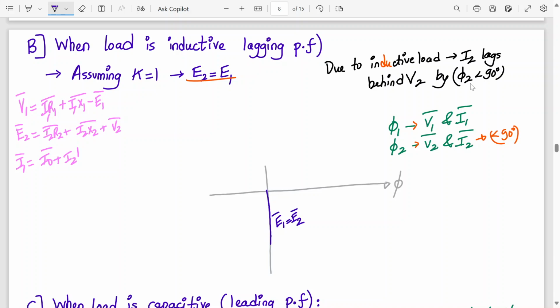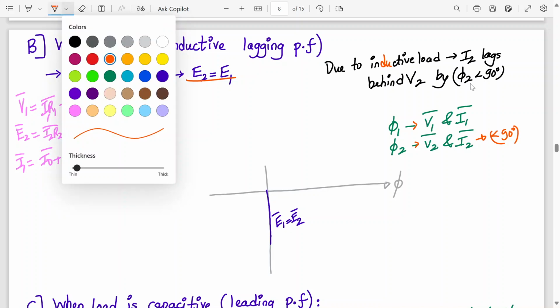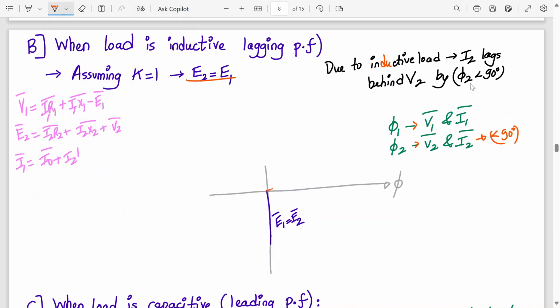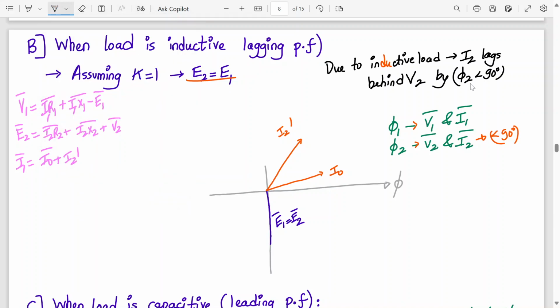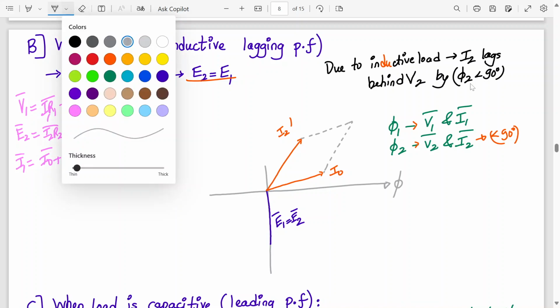Now, how to start? Again I repeat. First we have to identify where I0 is. So I0 is over here. Then somewhere around here your I2 dash will come. Correct? Then we draw the parallelogram and complete this.